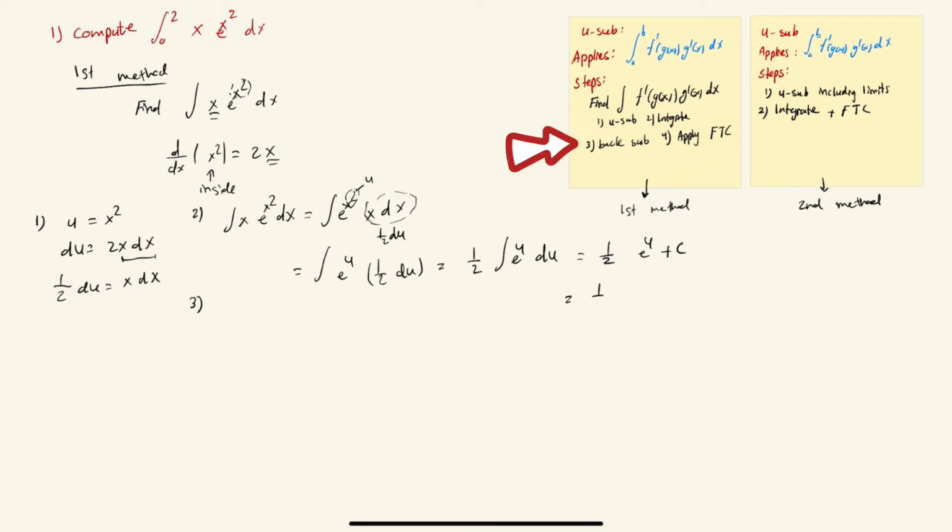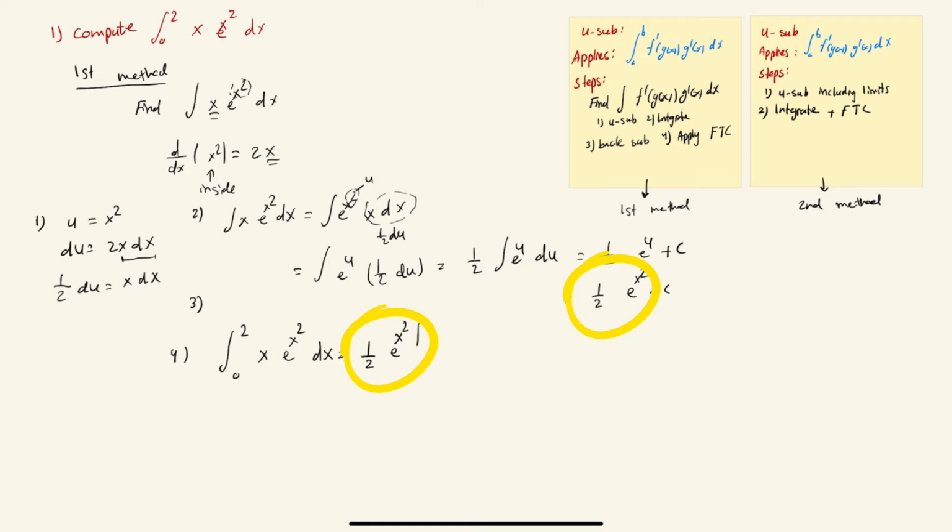Now the third step is to back substitute the function of u, which is x squared. Now the fourth step is to use the fundamental theorem of calculus. So notice the integral is going to be equal to half e to the x squared, which is the antiderivative, evaluated at the limits of the integral, which are 0 and 2.